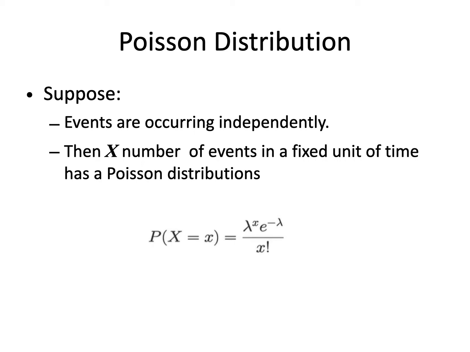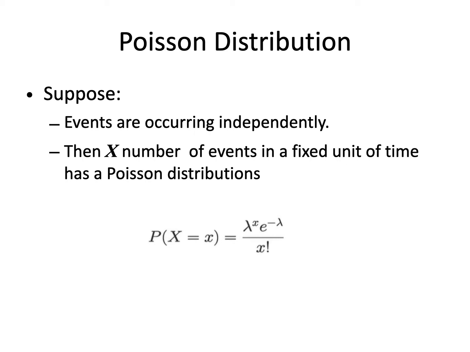Now what we will use to calculate the probability that random variable x takes on the value little x, as in our previous distribution, which we write as p of x is equal to lambda power x times e power minus lambda, divided by x factorial.